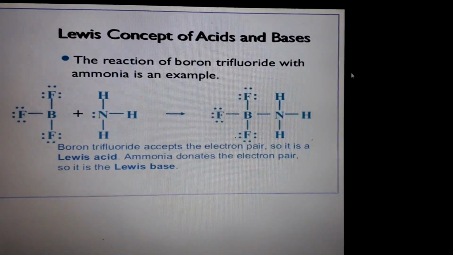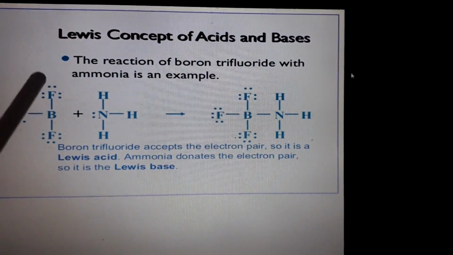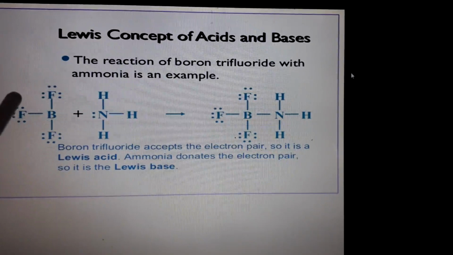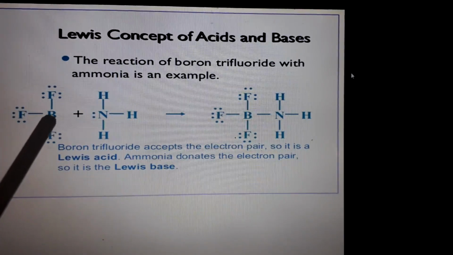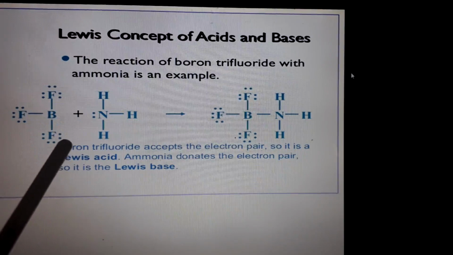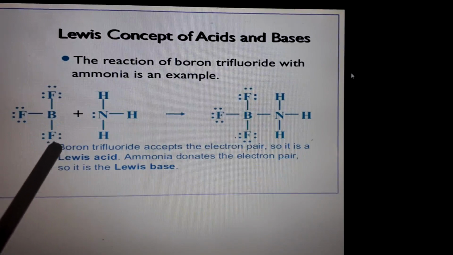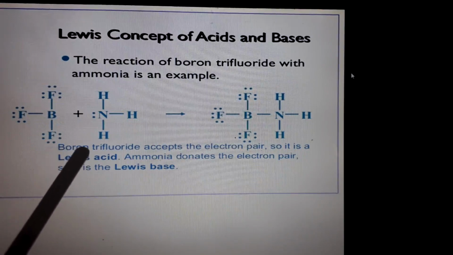For example, Lewis concept based on the boron trifluoride reaction with ammonia. It gives the adduct. Boron trifluoride accepts the electron pair, so it is a Lewis acid. Ammonia donates the lone pair, so it is a Lewis base.